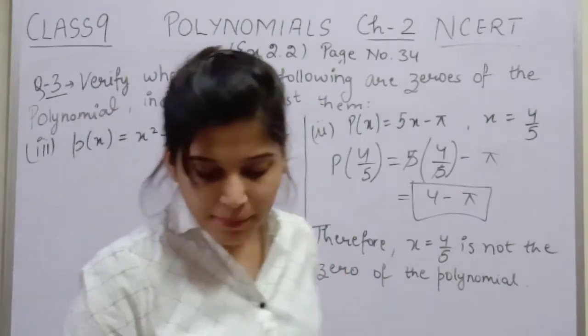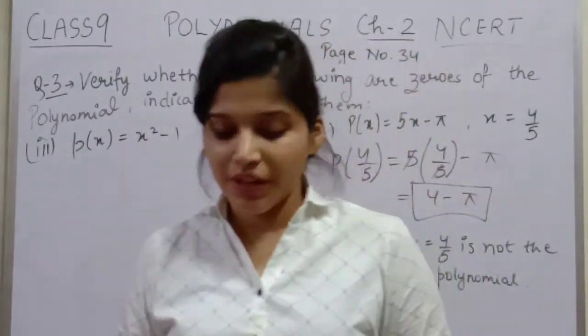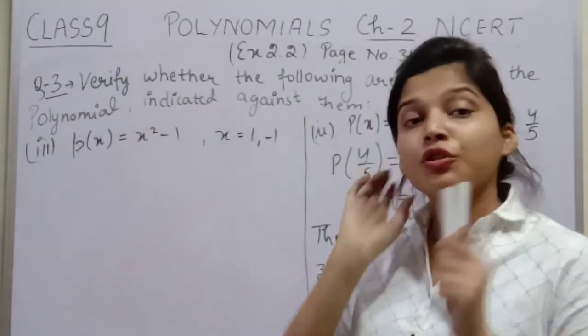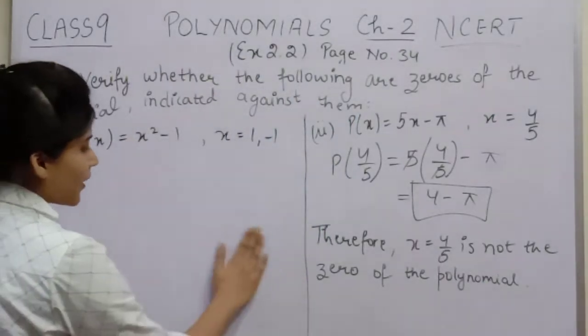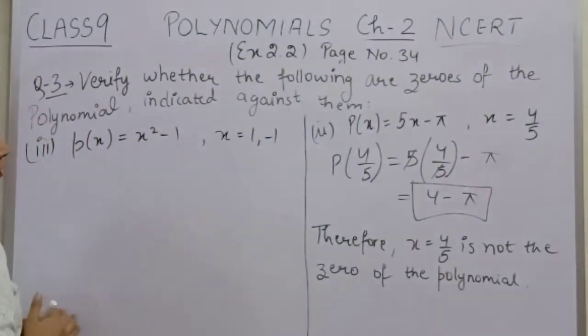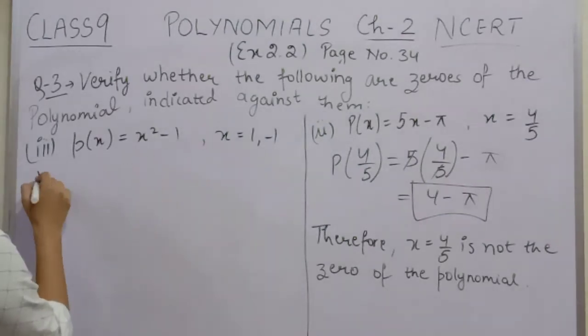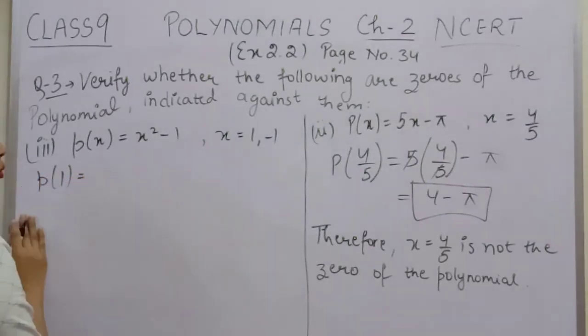So यहाँ पे हमारे पास two values given है x की. It means हमें दोनों पे check करना है that are both of them the zeros of the given polynomial or not. So first let's check for x equals to 1.